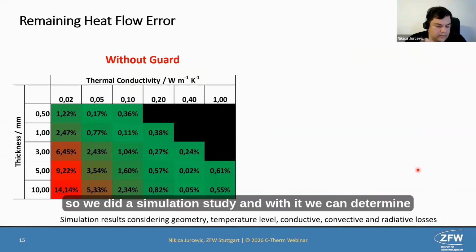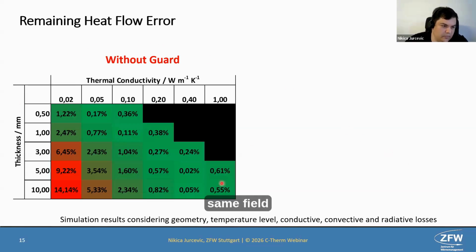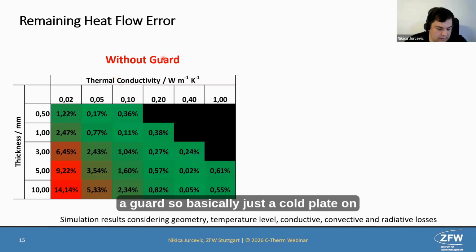Okay, so we did a simulation study, and with it we can determine how big the remaining heat flow is. This is basically considering geometry, the temperature level, and losses to the ambient. And here is the exact same field without using a guard, so basically just a cold plate.